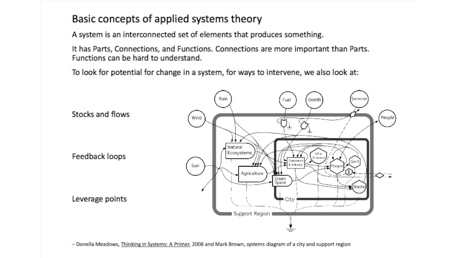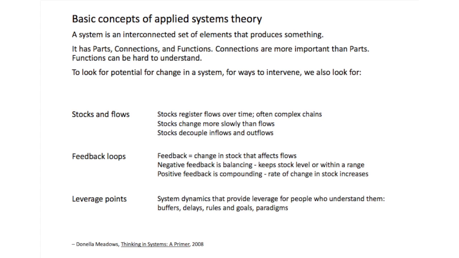The basic concepts of applied systems theory are probably known to all in some form: parts, connections, functions, and thinking about things like stocks and flows and feedback loops. It gets interesting when you start to really apply this to a complex problem. We're always trying to get down to the bottom here, where we're looking for the systems dynamics that allow us to find the points of greatest leverage.